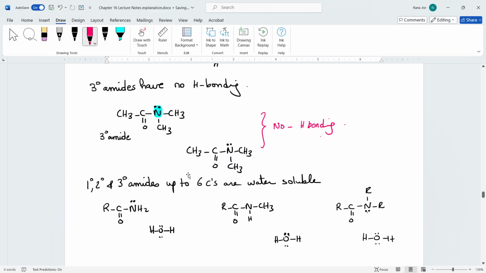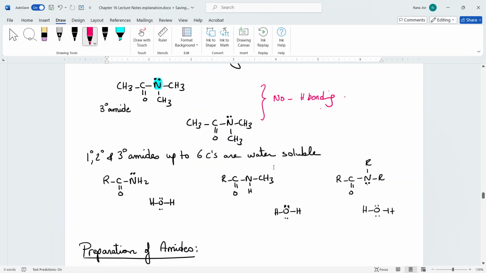and the secondary. Now, for the water solubility, primary, secondary, and tertiary amide, they have the capability of doing hydrogen bonding with water. For the primary and the secondary amides, those two, they do have a hydrogen on the nitrogen. So normally they are considered to be a hydrogen donor. So this is a primary amide.